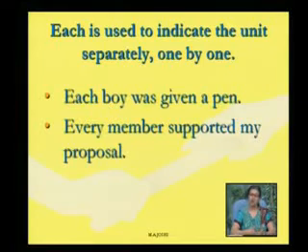In conclusion, all 20 members have supported the proposal. That's why it can be said that every member supported my proposal. Every member has given their vote one by one. That's why each and every carries a singular verb.